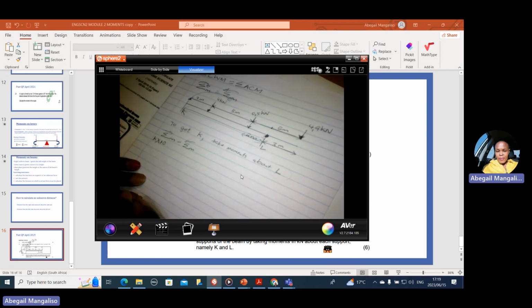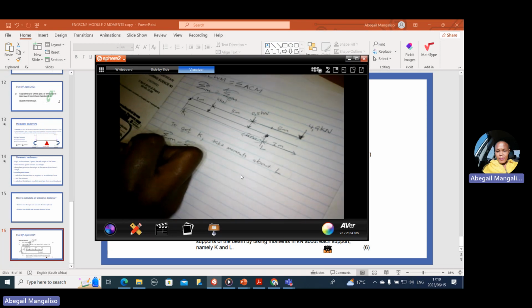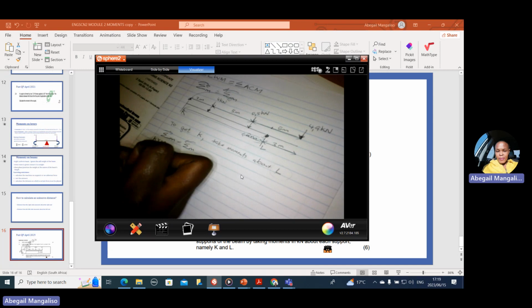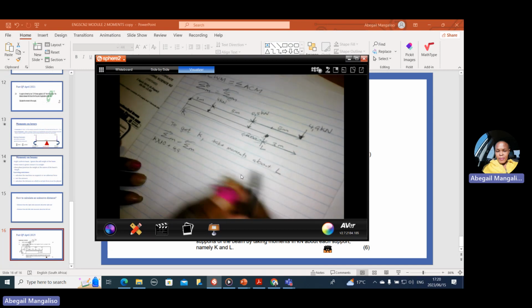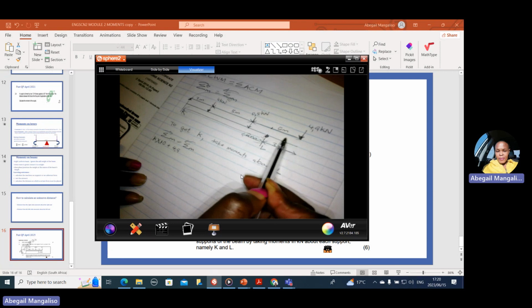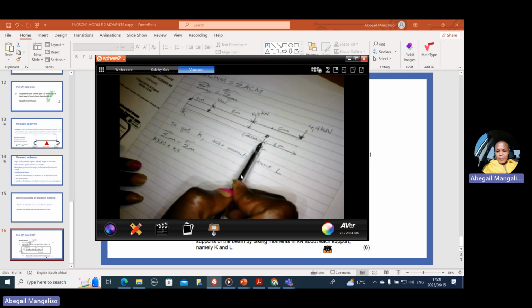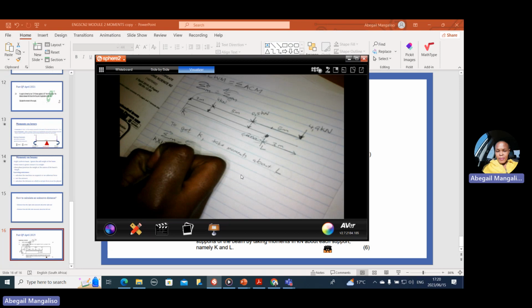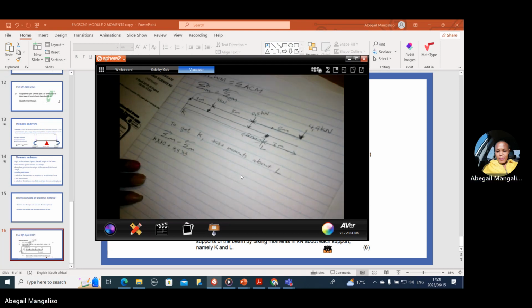So it's the sum of the moments. I'm going to add because it's the same direction. It will be 4.9. 4.9 is conveying energy to this point through a distance of 3 meters, so it's multiplied by 3. There is no other force that is clockwise.